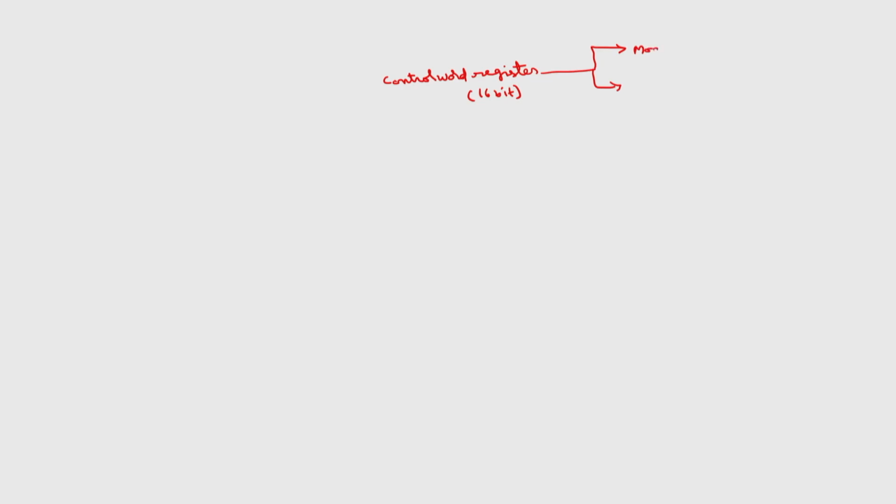One is called the mode word register, another is called the command word register. Each is 8 bits. So, what is the format of these two registers? First I will take the mode word register.